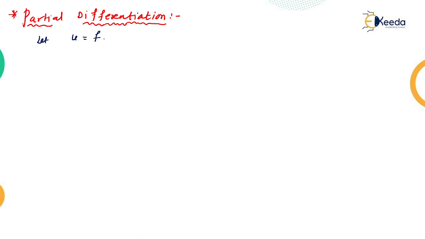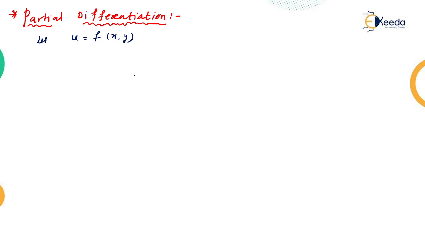Suppose I write u is a function of x comma y. Observe this: u is the dependent variable and it depends on x and y, the independent variables. So we have to take its differentiation with respect to x and y.